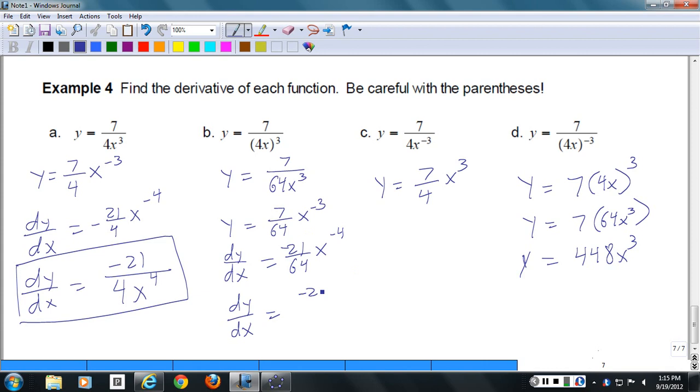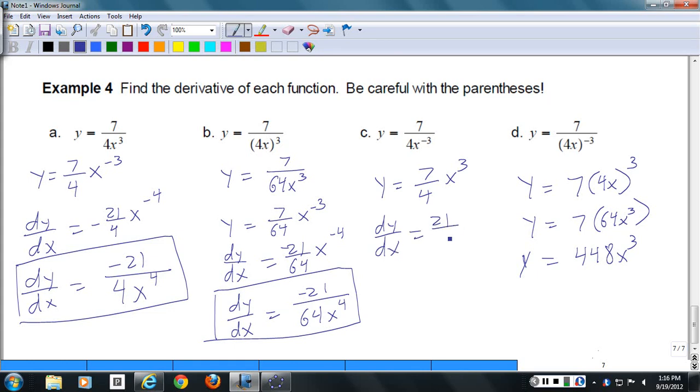So negative 21 over 64 x to the 4th. dy/dx equals 21/4 x to the second power. Subtract 1 from the 3 to get 2. Not too much more simplifying to do there.